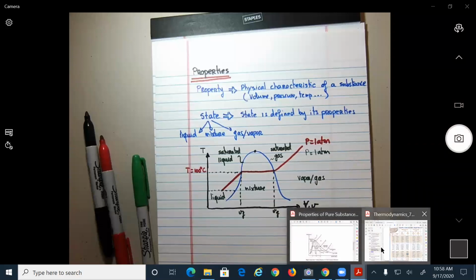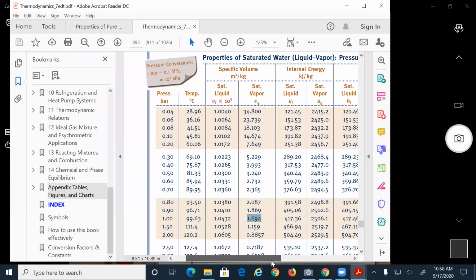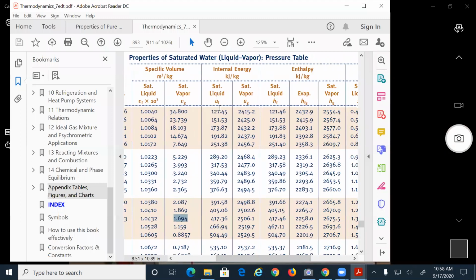If you go to these tables, you have similar values for saturated liquid or saturated vapor, no? So the change of energy to transform all the water between liquid and gas will be equal to 2,506, which is the one for saturated gas, minus the one for saturated liquid, which is 417.